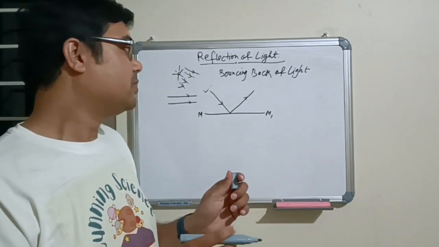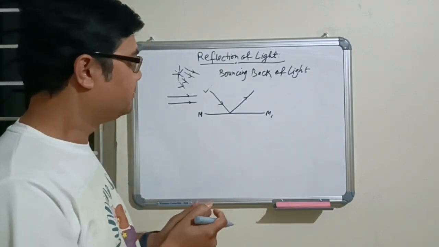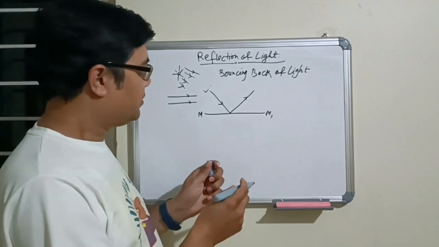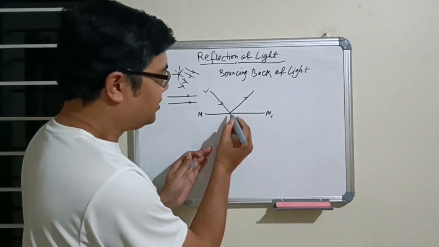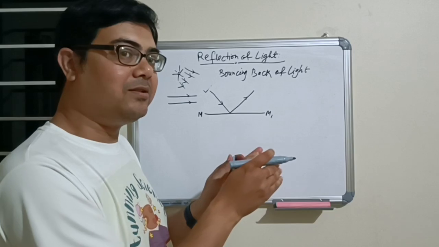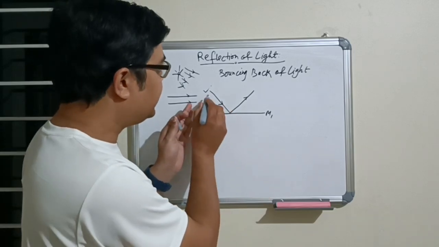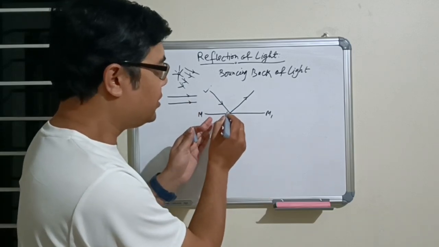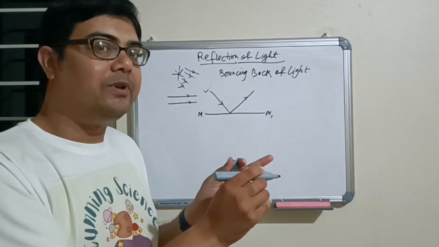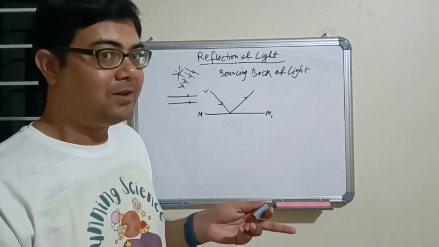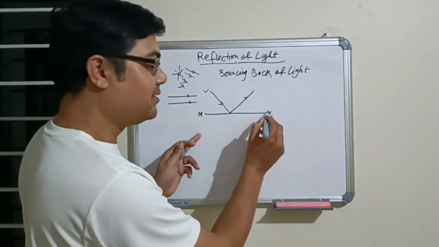Now, at the point where the light actually strikes, we will draw one line perpendicular to this surface.